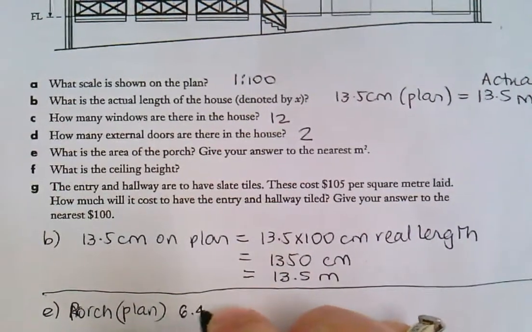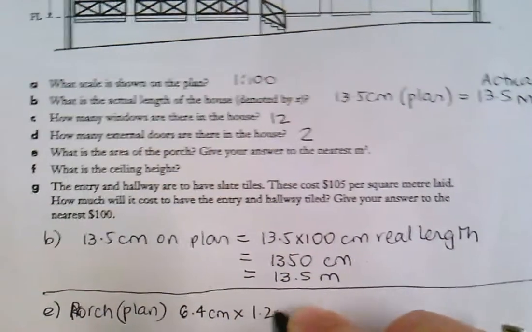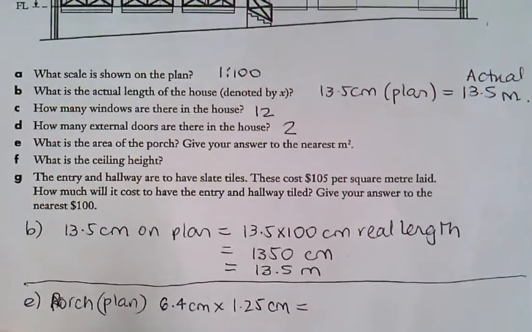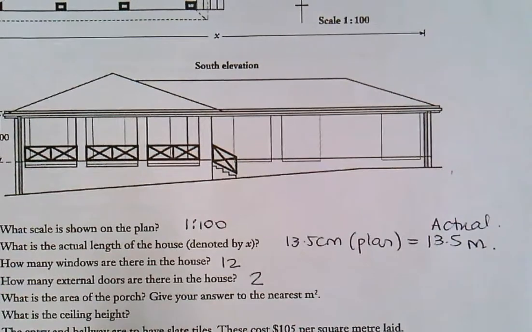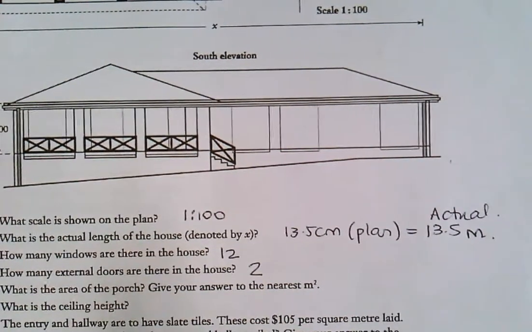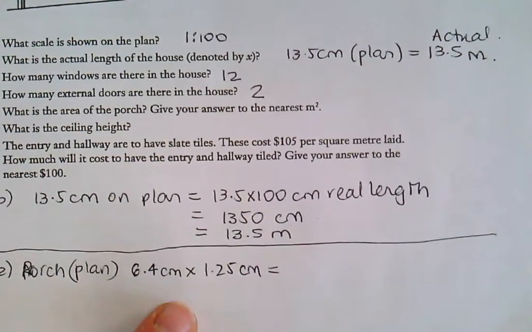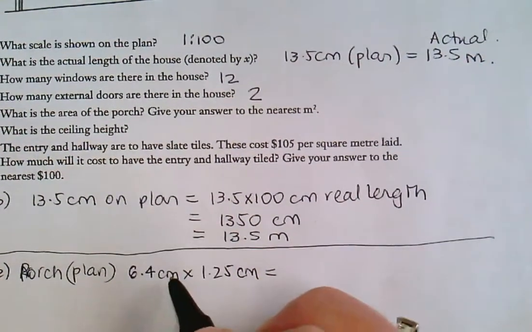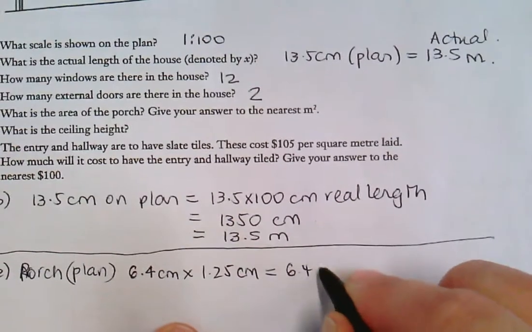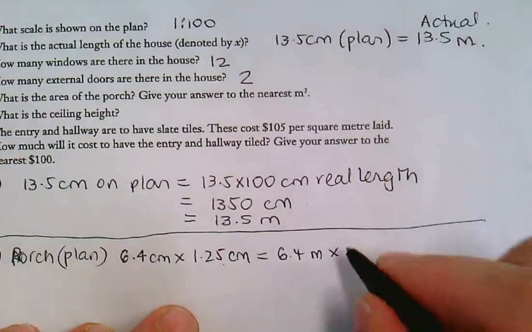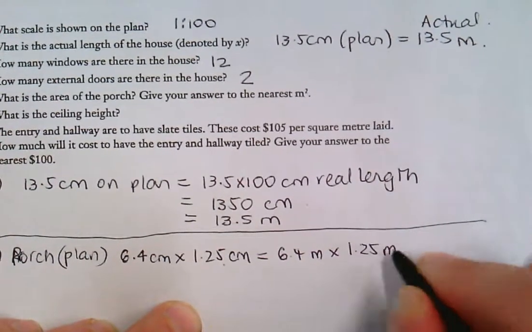So 6.4 times 1.25 centimetres. I need actual distances. Because we know the scale is 1 to 100, and there's 100 centimetres in a metre, I can just change the units to metres. That's 640 centimetres, which is 6.4 metres. This is 125 centimetres in real life, which is 1.25 metres.